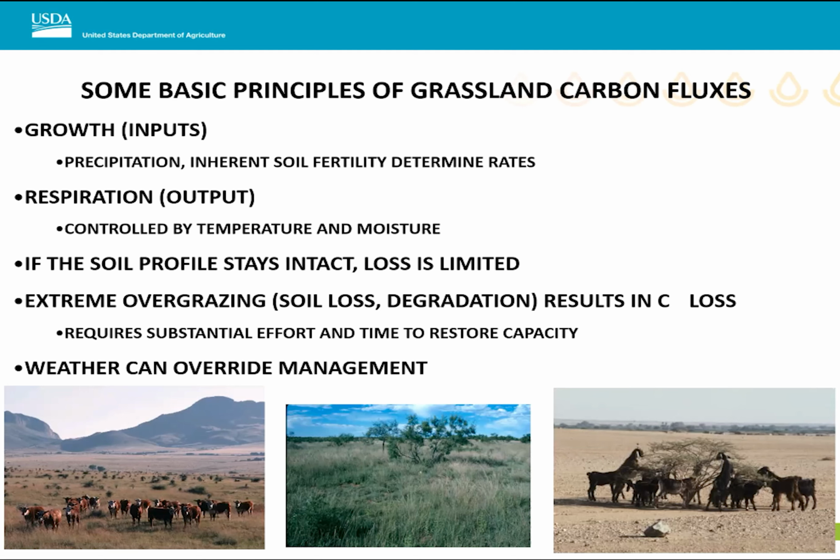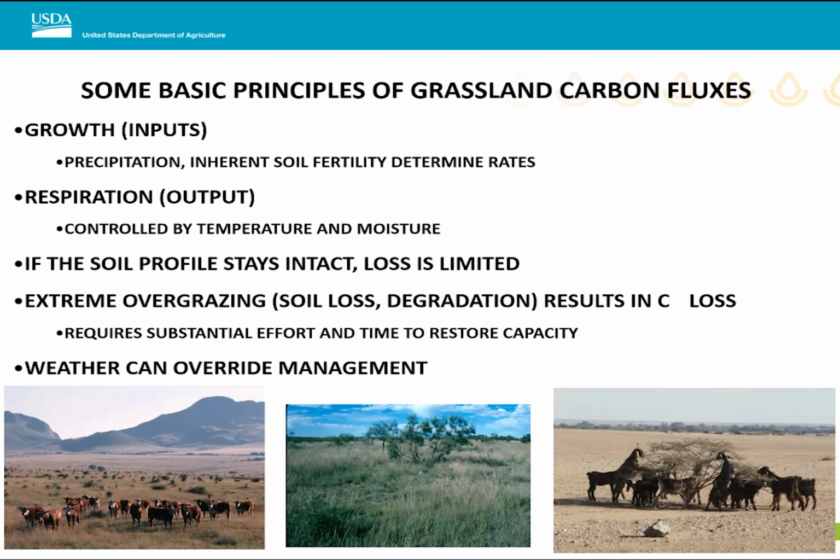If we're on irrigated ground, then that precipitation is augmented by irrigation water and fertilizer. But it's pretty much down to how much water and how much fertility is available to drive plant growth that forms those inputs. Respiration, on the other hand, is the output.